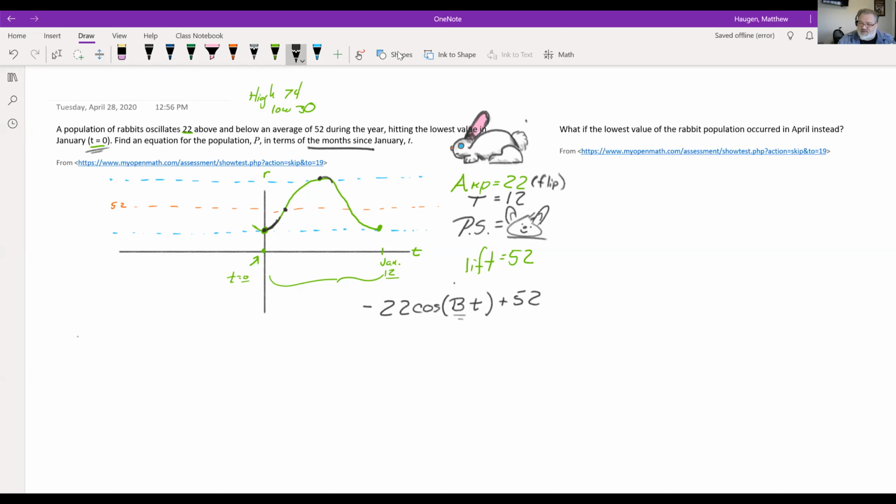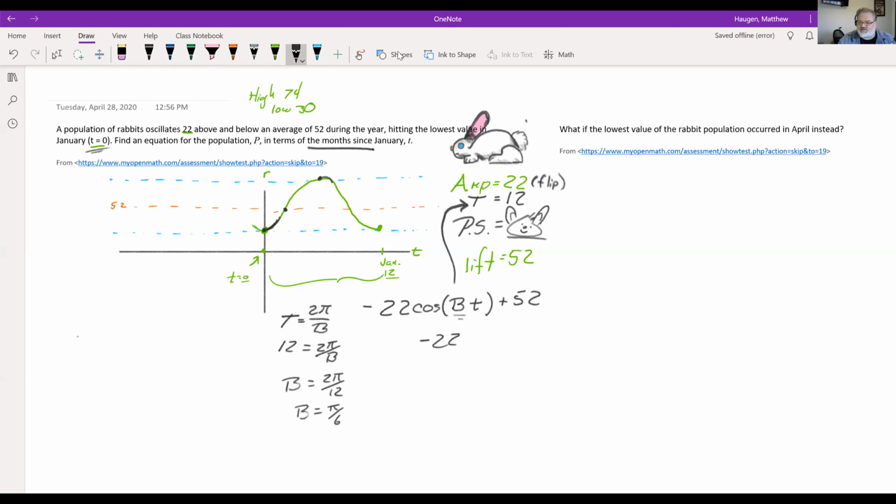We do have to be careful that B value is not 12. That B value is what made the 12. So our normal period is 2 pi, our natural period, divided by that compression factor, that B. If we want that to equal 12, we have to solve for that B. So multiply both sides by B, divide both sides by 12, and we get a nice B of pi over 6.